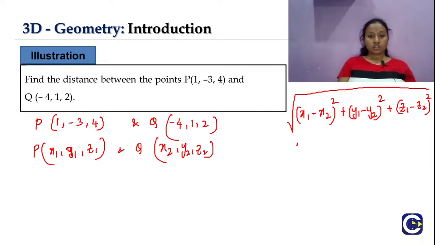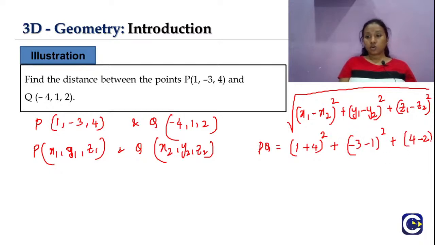x1 will be 1. So 1 minus x2, so minus 4, it will be plus 4 whole square, plus, so it's nothing but PQ here. And then y1 is minus 3, so minus 3 minus 1 whole square, plus z1 here is 4, so 4 minus z2 which is 2, whole square, under root.